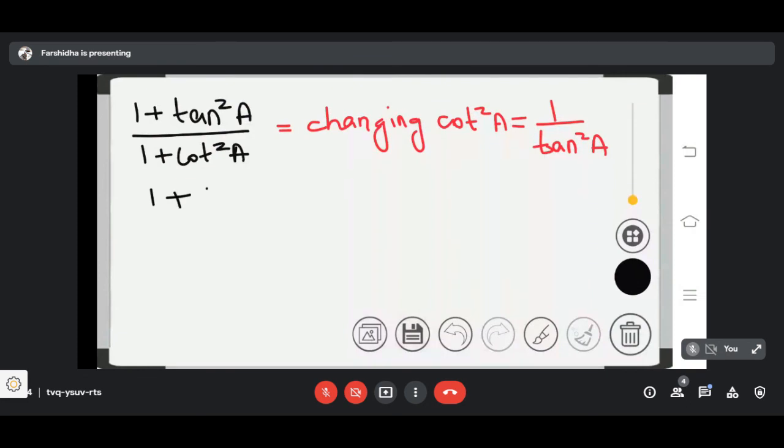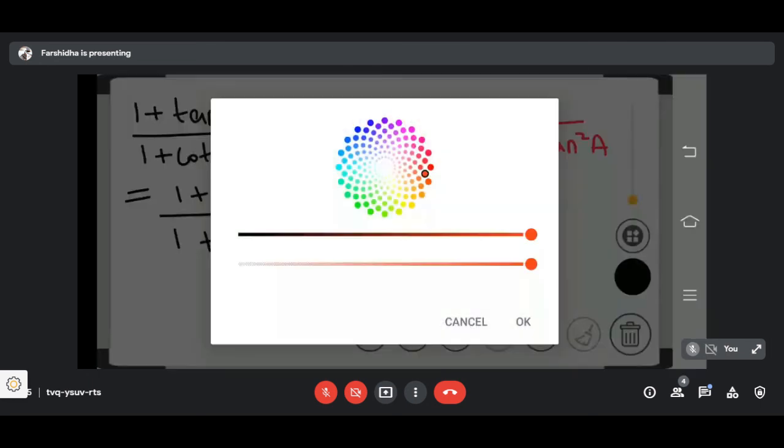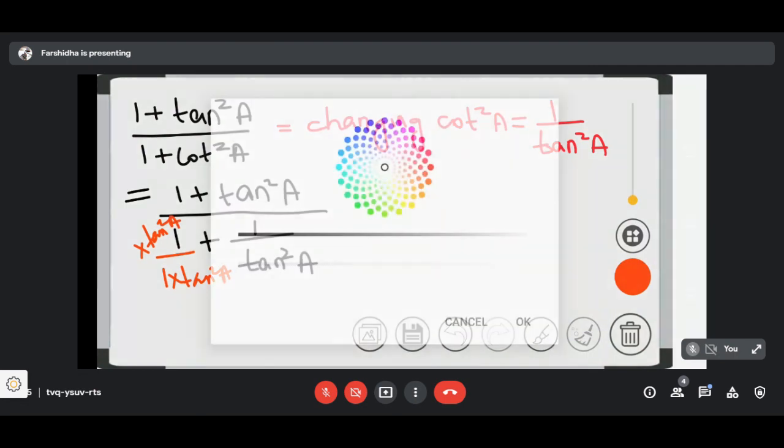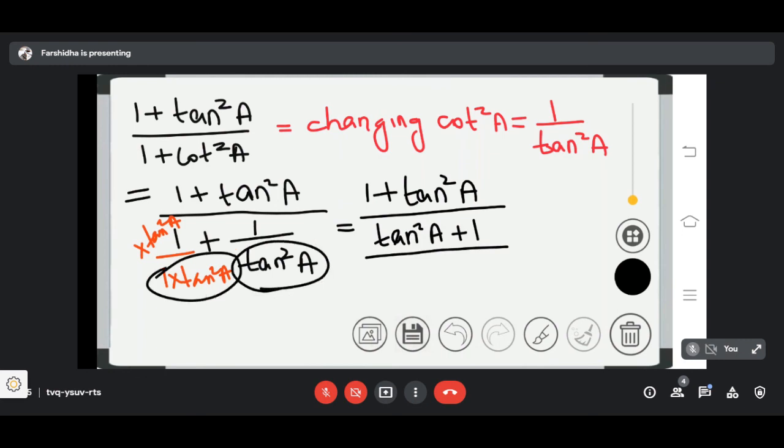So it will be 1 plus tan square A divided by 1 plus cot square A, which you write as 1 by tan square A. Now I am taking the LCM here, tan square A. So it will be 1 plus tan square A divided by 1 into tan square A, you can write as tan square A plus 1 divided by the common denominator, that is tan square A.